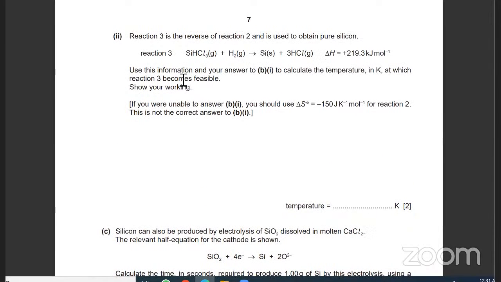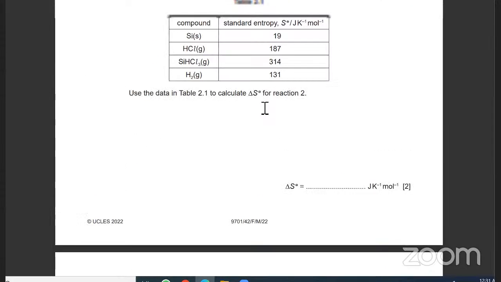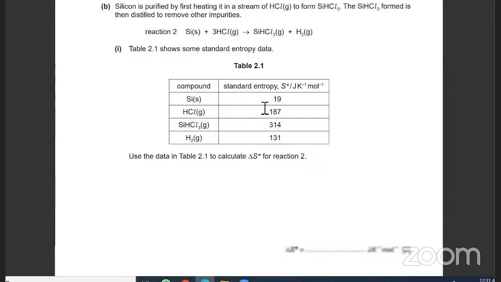So he's saying use this information and your answer to calculate the temperature in kelvin at which the reaction becomes feasible. Show working if you're unable to do B1, so it's related to B1. So you have to figure out the entropy change for reaction number 1. That is simple. All you have to do is products minus reactants.